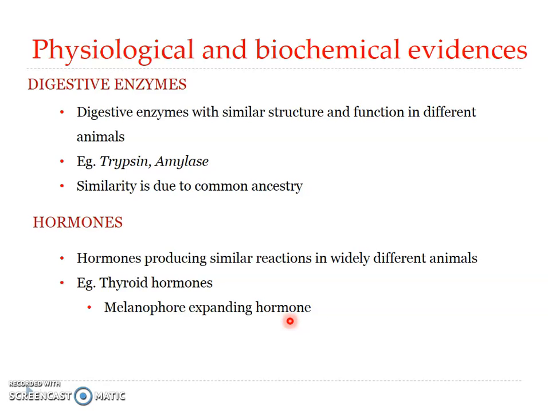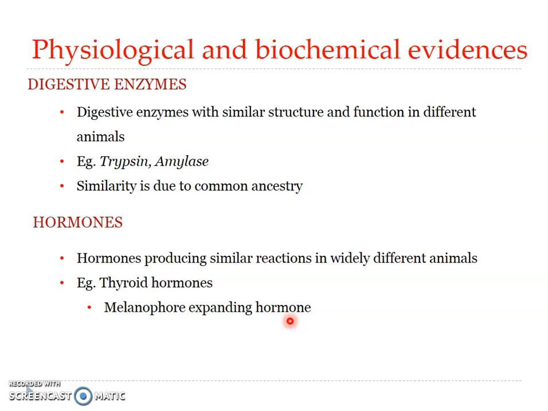Yet, if the same hormone is extracted from mammals and supplied to amphibians, it is as effective as the amphibian hormone itself. So here we can see its presence in mammals. In mammals, it is actually vestigial, because it has no effect. But it is present, and it can be used in the amphibians.